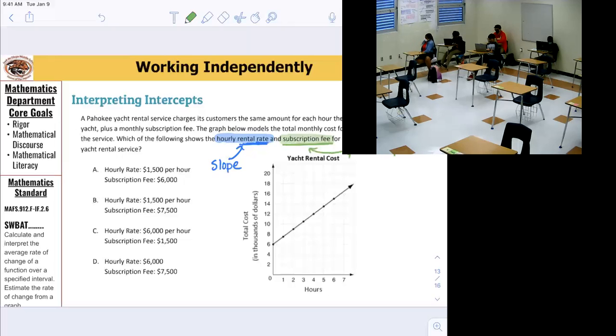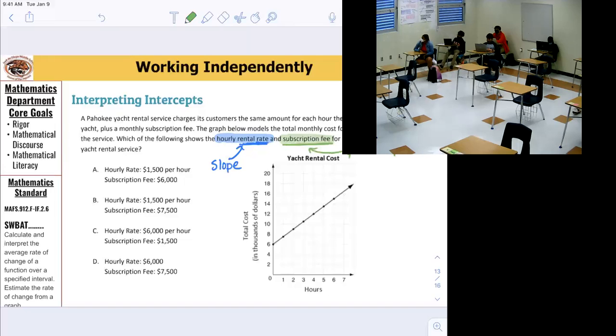If I'm subscribing to Netflix or to the gym or to a magazine, anything you have a subscription for, usually they'll say, okay, pay $10 as your subscription fee, and you only pay that the first time. So it's kind of like the starting amount that you pay. So anytime you see subscription fee, most of the time that's going to be your y-intercept.